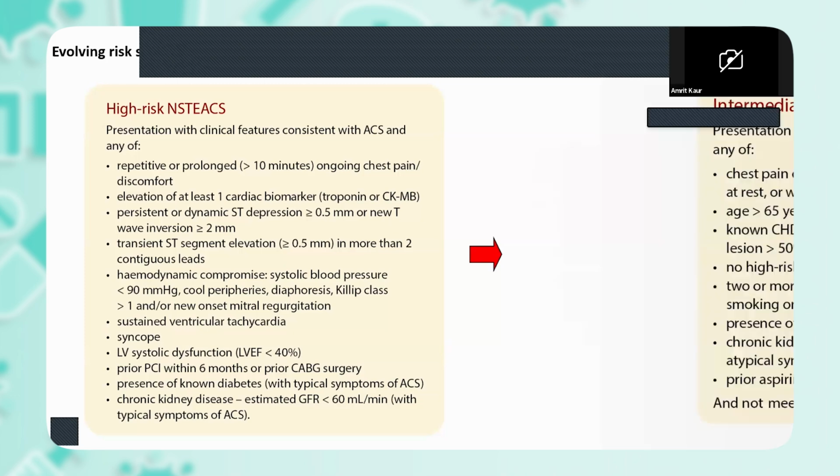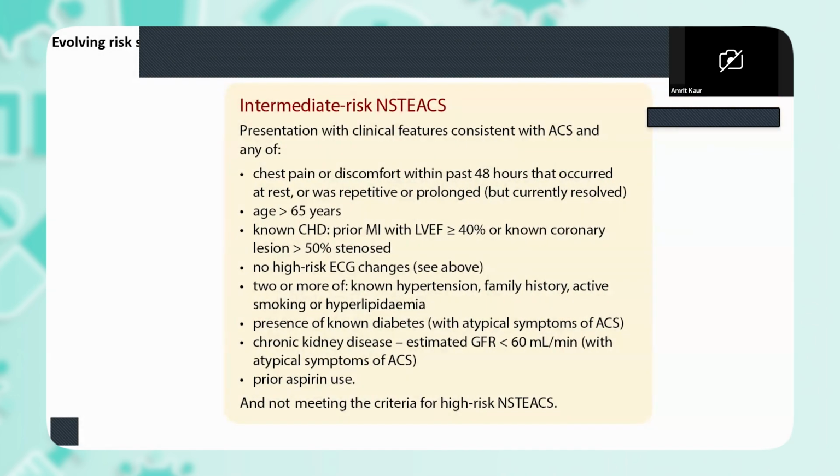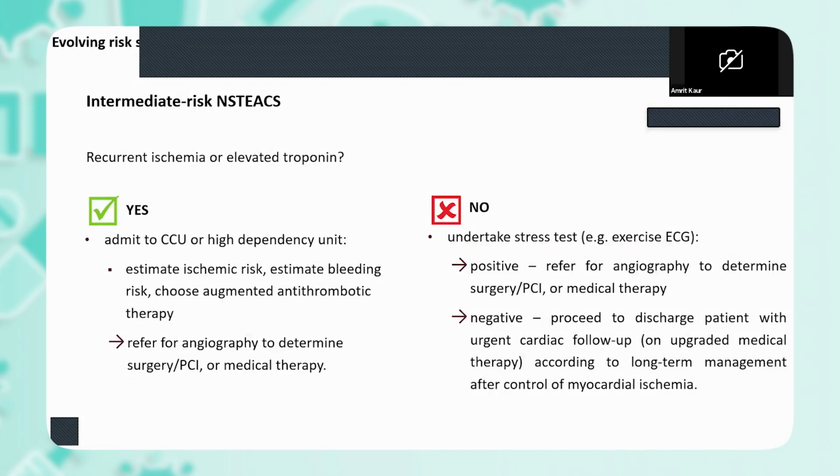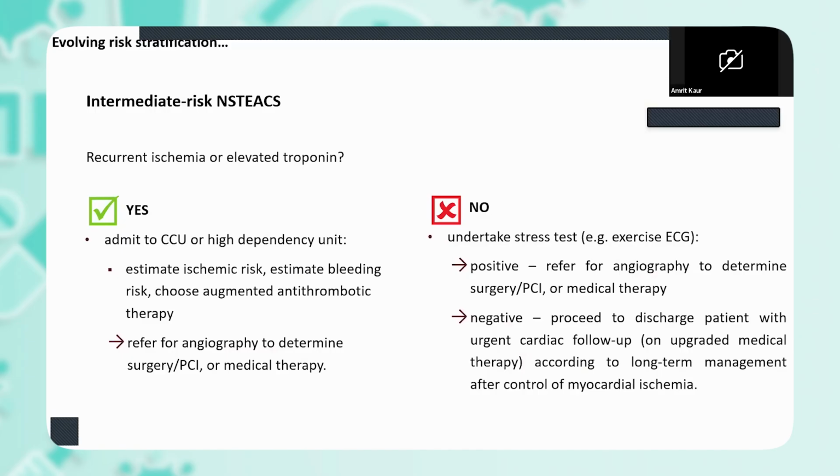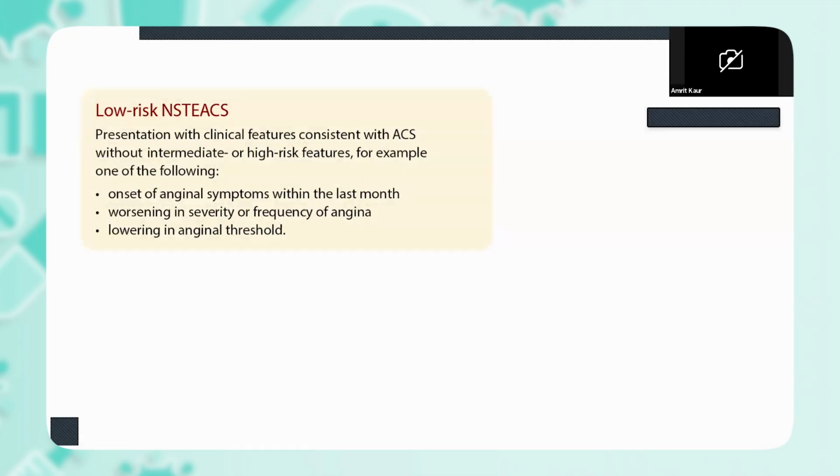Okay. Then we can have intermediate factors. Rather than learning about the intermediate factors, which means that obviously the patient needs to come in, needs to be admitted, and needs to have an angiography, just remember patients with low risk NSTEMI. These low risk patients do not have high risk or intermediate risk factors.